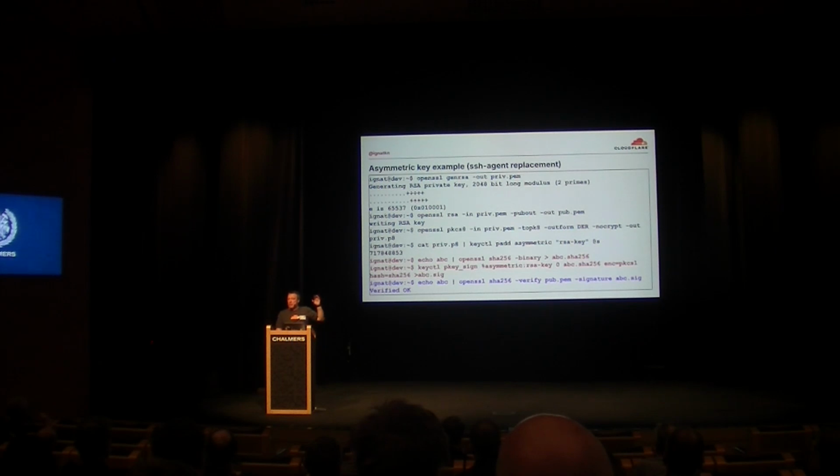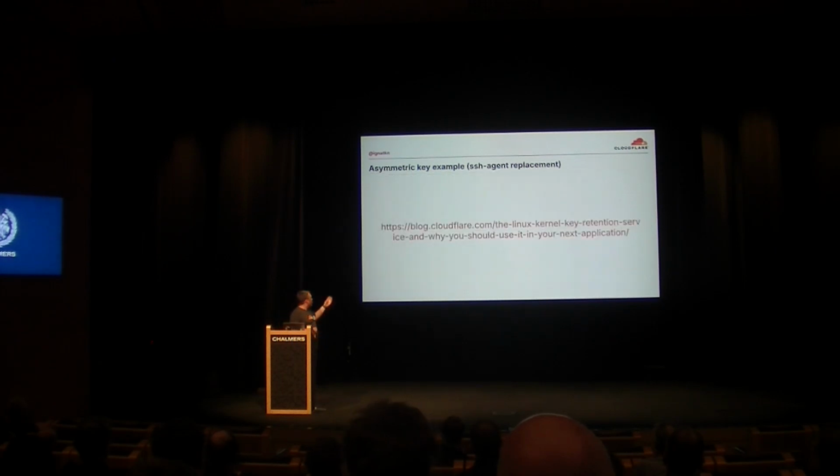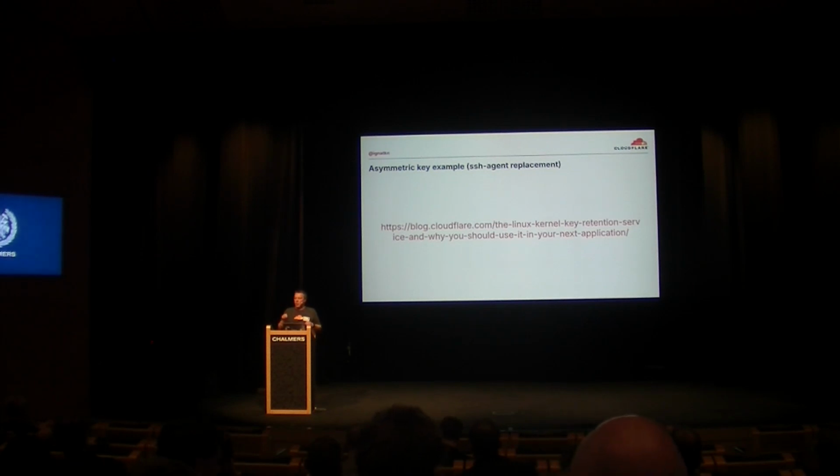And now, because you can store the RSA key, I will send this link again at the end of the post, but we even made a prototype patch to OpenSSH. So instead of running an SSH agent, you can literally just insert your SSH key into the kernel, and your main SSH process will use it to authenticate to remote systems.